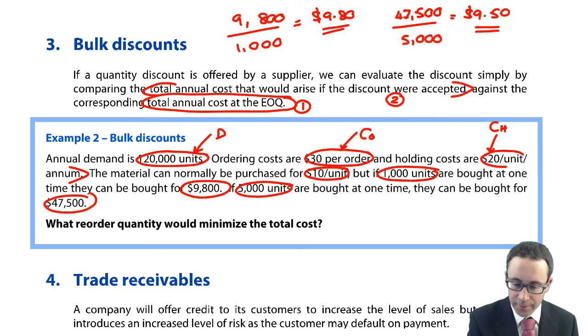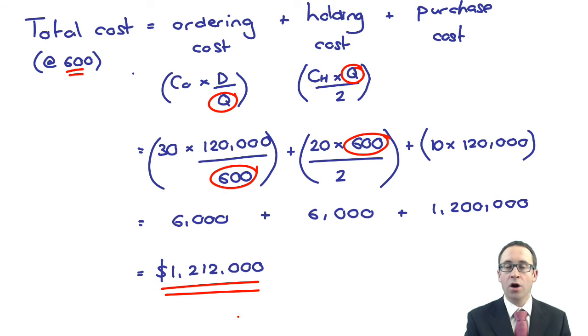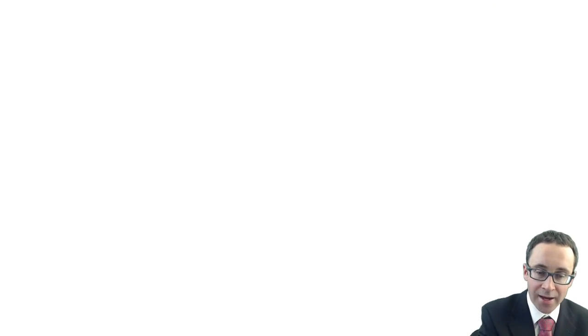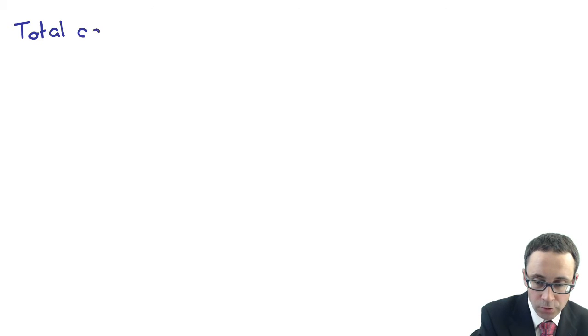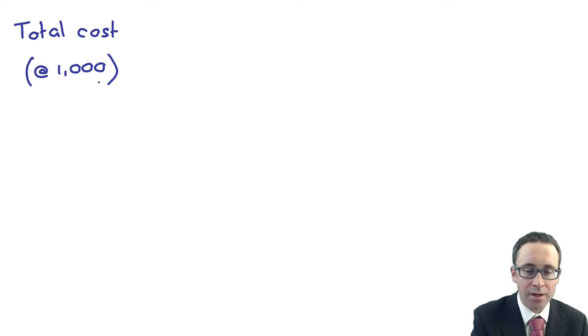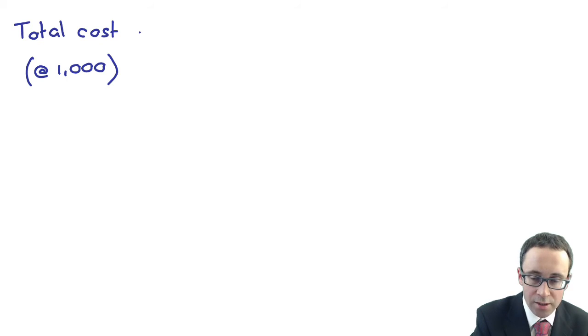So what we've worked out is the total cost based on order, holding and purchase cost at our economic order quantity. What we're going to do now is repeat that exercise and look at the total cost at 1,000 units, ignoring the economic order quantity, to see whether or not it is any cheaper.